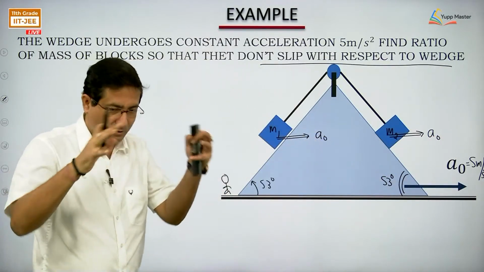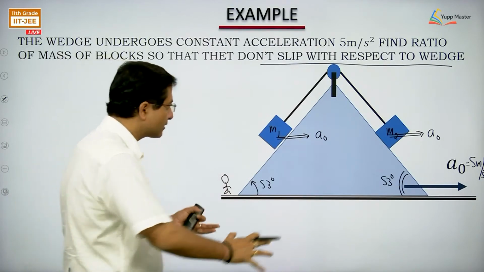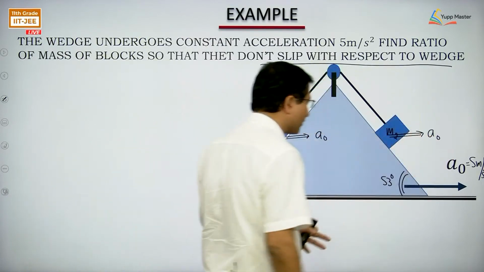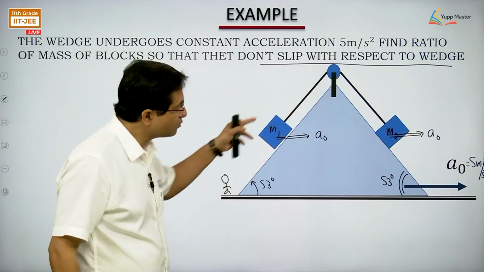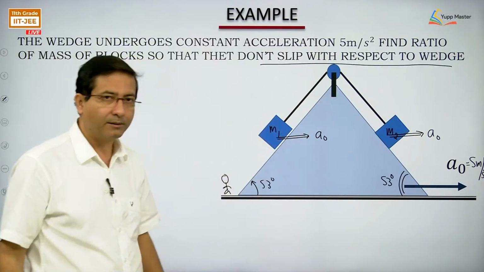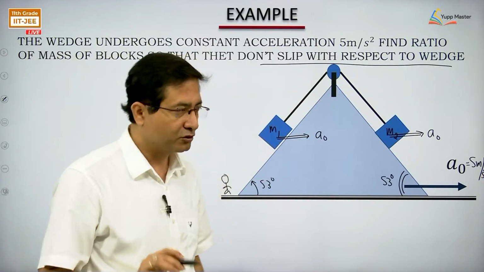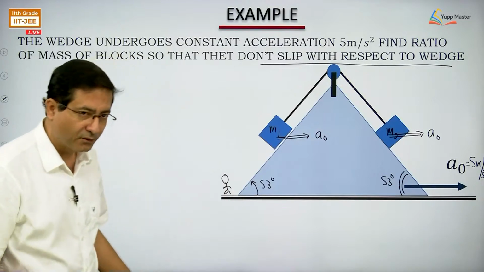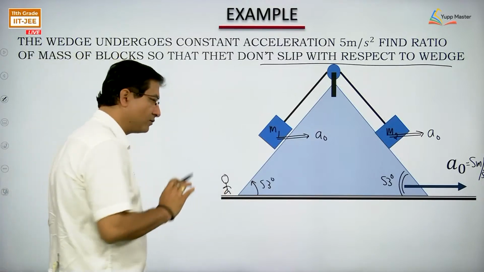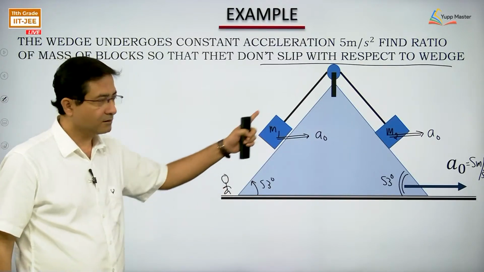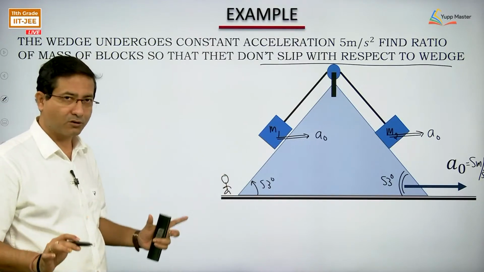So you can consider this a single system and the whole thing is going with acceleration A naught. For this to happen, what should be the ratio of m1 and m2, that we need to find out. I hope the question is clear. So I can comfortably solve this question standing on the ground. You be here and observe the motion, you can solve the question.